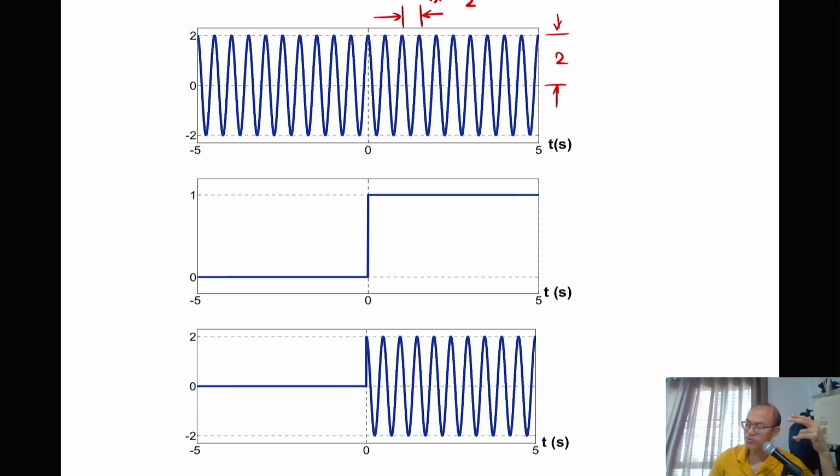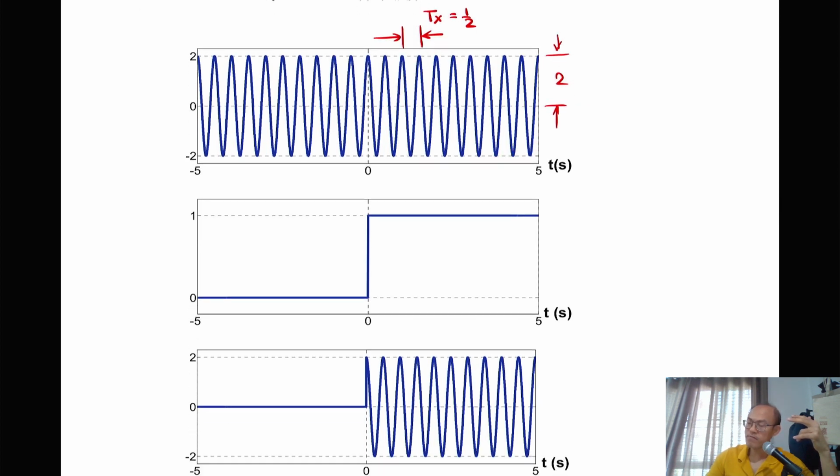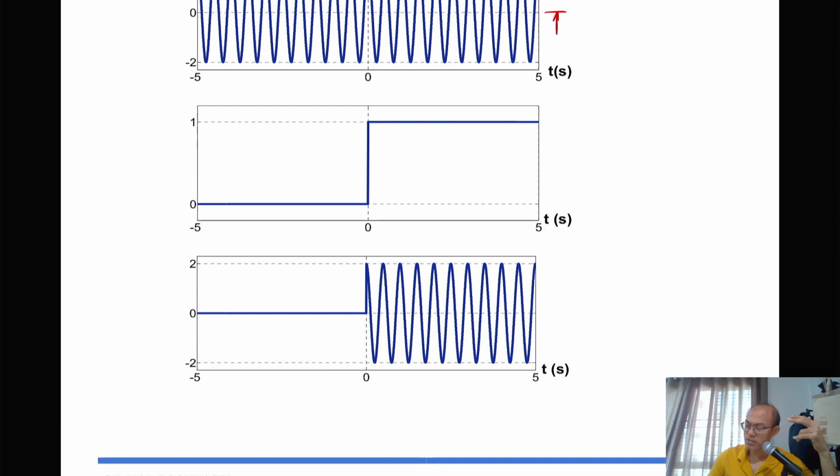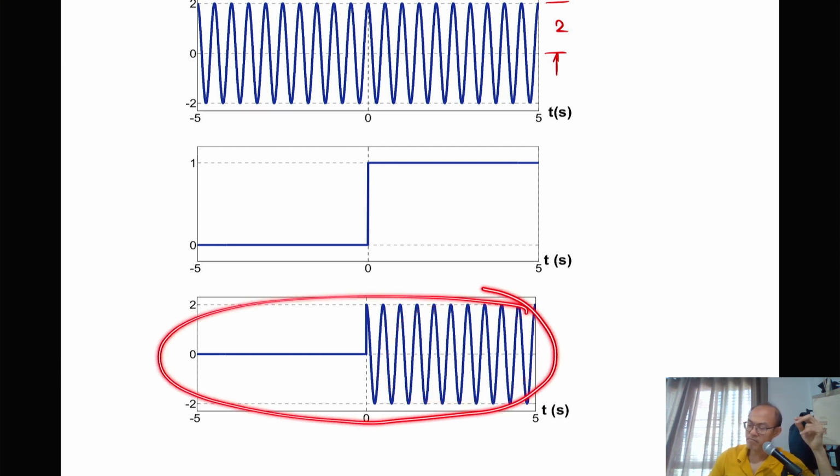Now when time is greater than or equal to 0, u is 1. So if you multiply 1 to x, you're gonna get x back, right? So whenever time is greater than 0, the product would be x. So this is the result from multiplying x and u together.